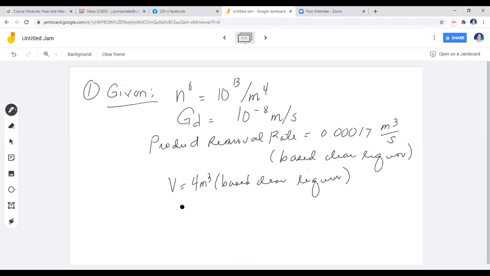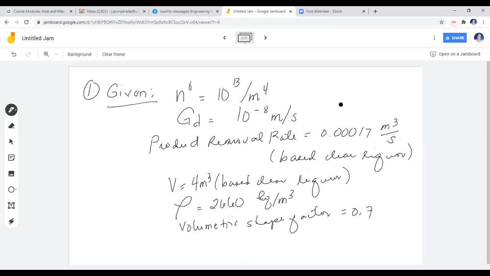And we're given the density, 2,660 kilogram per cubic meter. And the last, which is the volumetric shape factor, which is 0.7. Now, 6 information given by the problem.